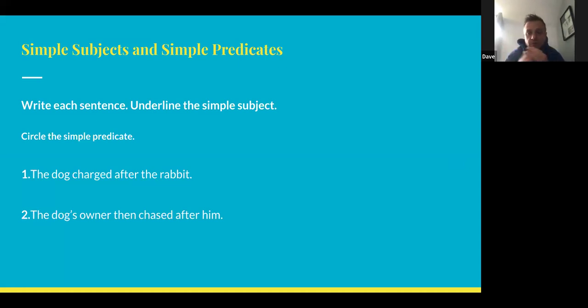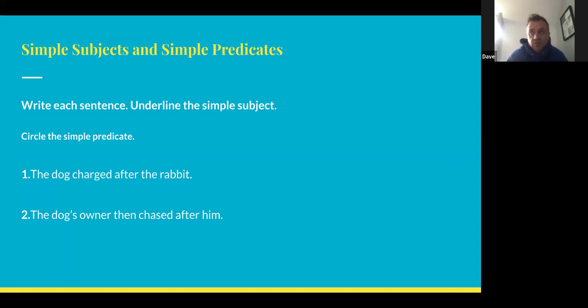To add more to it, we put our direct object after the rabbit. Number 2, the dog's owner then chased after him. So this subject is owner. So it's not the dog because it's the person doing the chasing.